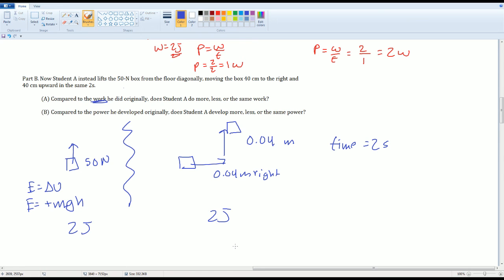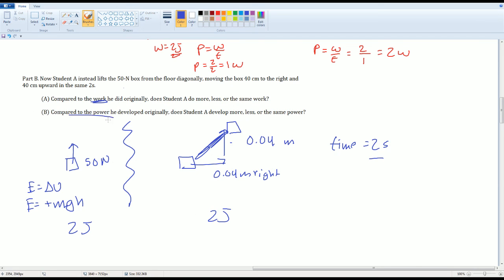Compare the power he developed originally. Does student A develop more or less power? Does distance change power? No, because it's the same amount of time.